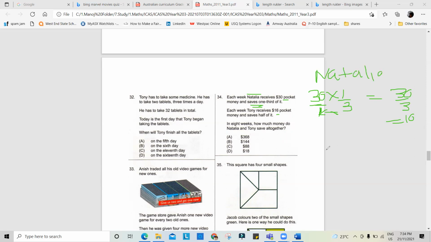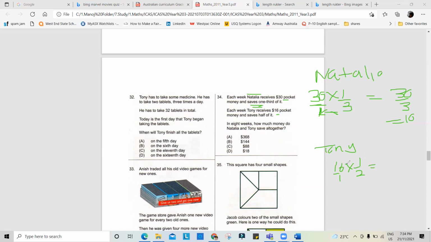And Tony, he gets $16, but he saves half. That means 16 multiplied by half. Then you can put 1 here again.